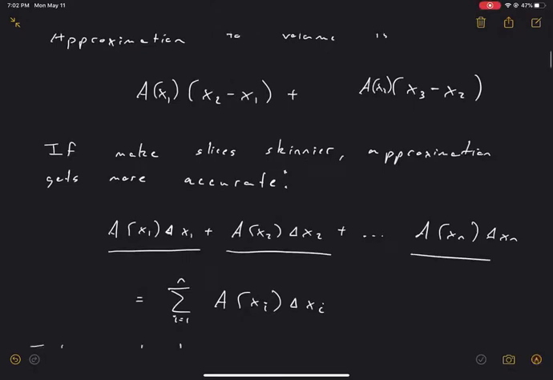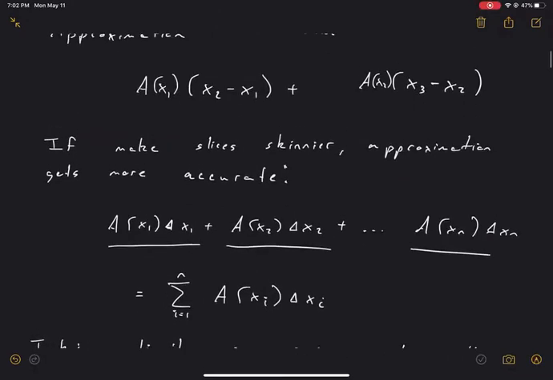Now I abbreviate that with this shorthand, this sigma summation notation. So my approximation to the volume of the object is the sum from 1 to n of AXI times delta xi. Now this should be starting to look familiar.